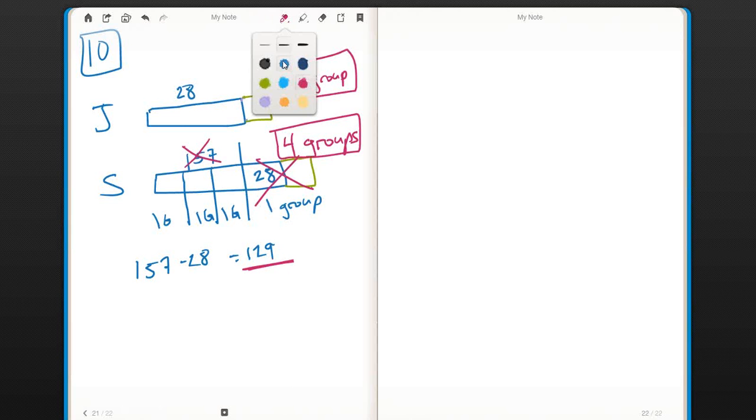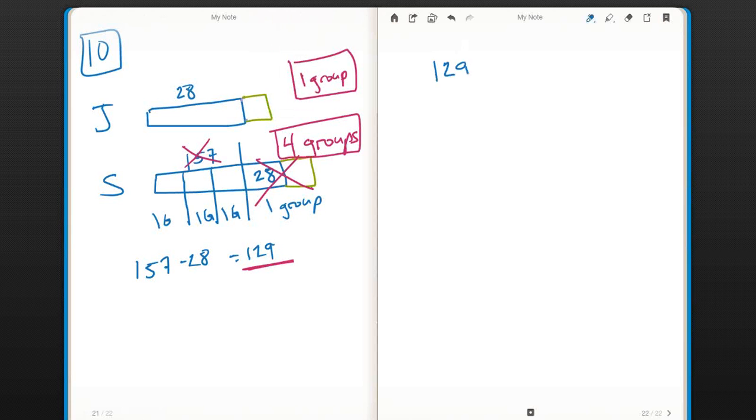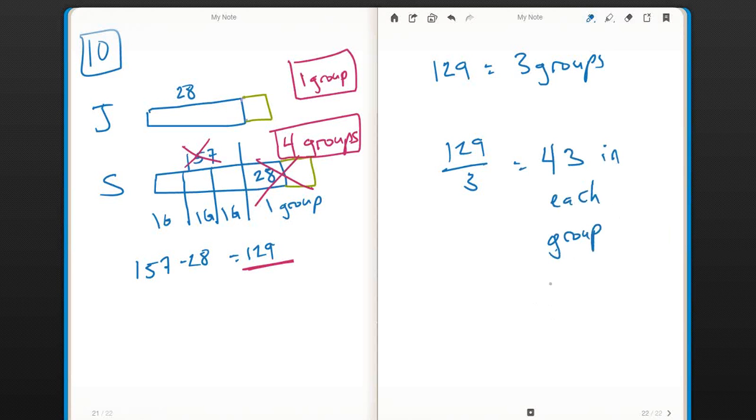So if 129 is equal to 3 groups, then I'm going to do 129 divided by 3, and I find out that there is 43 in each group. Remember, each group, just like Joseph, is comprised of 28 and a green box.